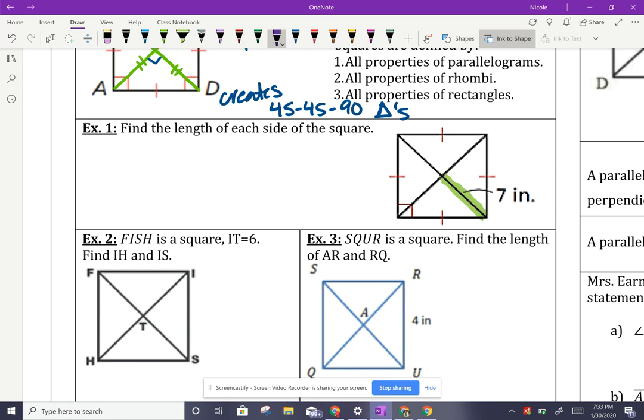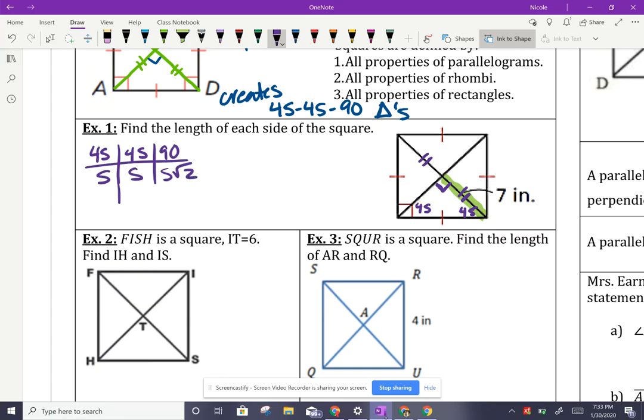So because these are congruent, you can also say this is 7 if you'd like. Or you can also take into account that this is a 45, 45, 90 triangle. And that 7 is happening across from a 45 angle. So we have 45, 45, 90, which is S, S, S root 2.